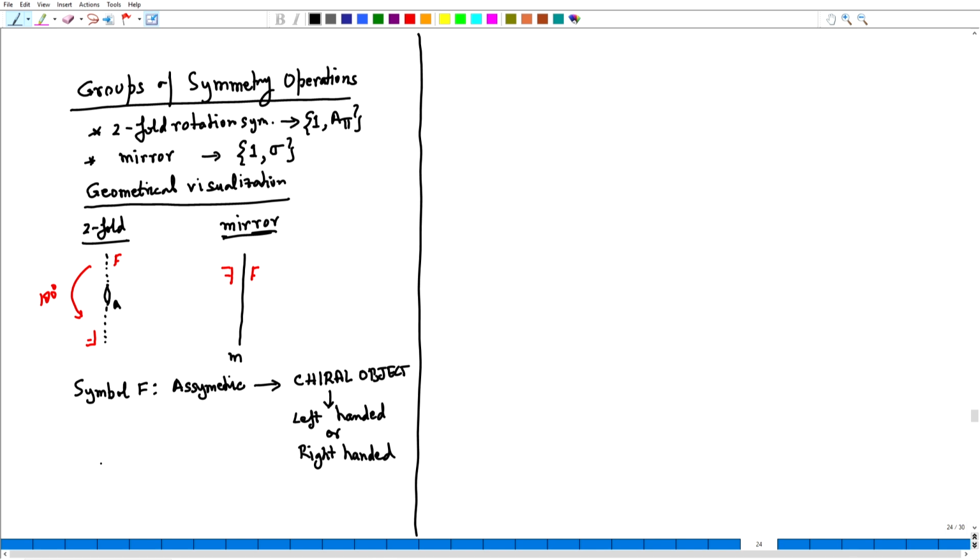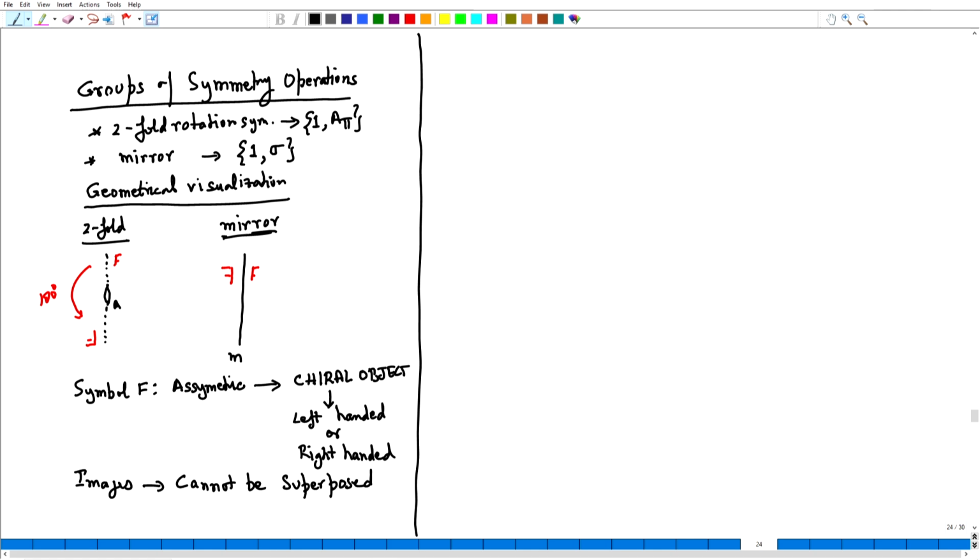So, chiral objects, the thing is that the images of the left handed version or the right handed versions cannot be superposed. While if an object has a plane of symmetry, that is a reflection plane, then it will not have this property of left handed or right handedness.